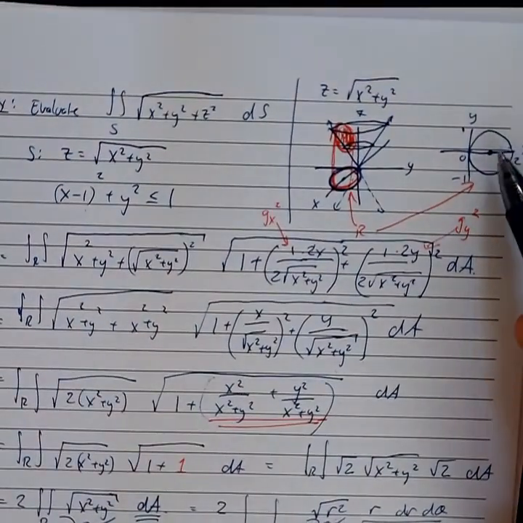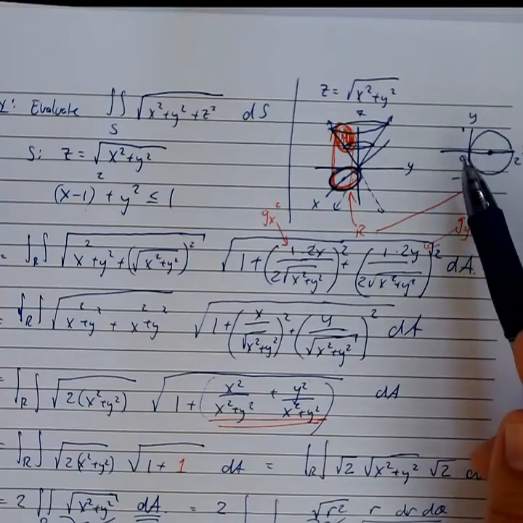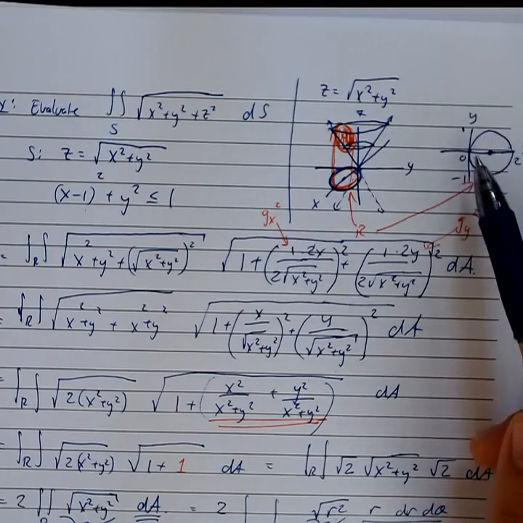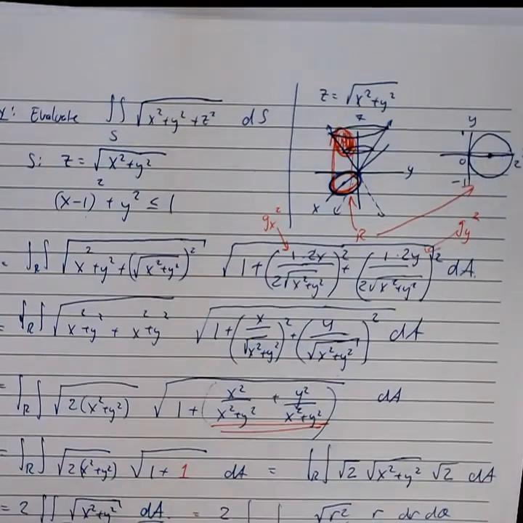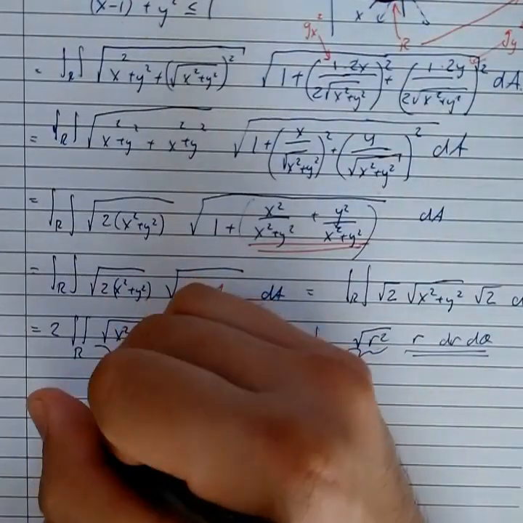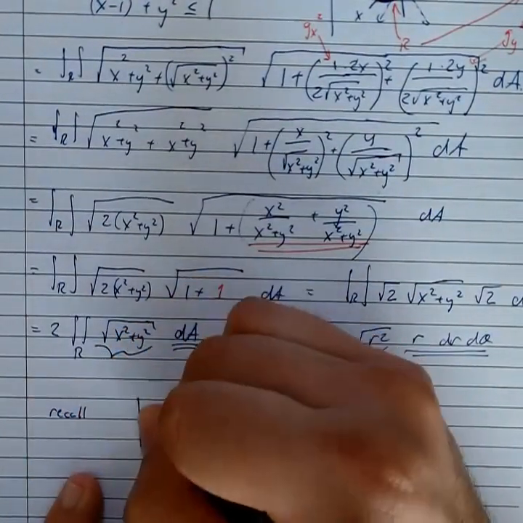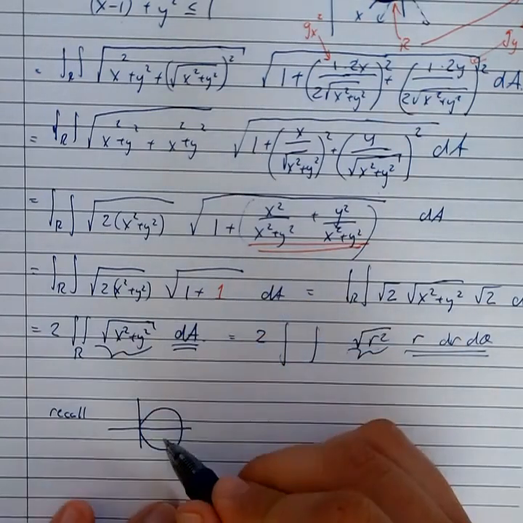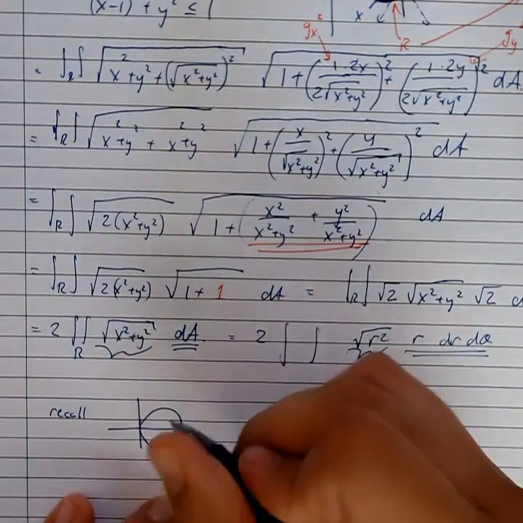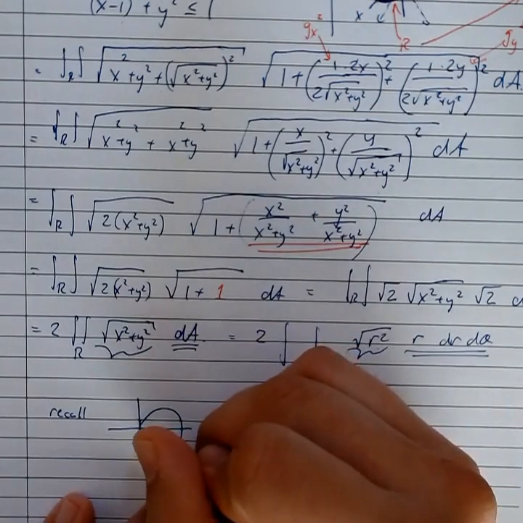Notice our object is a circle, but it's not centered at the origin, so we can't just say r is equal to 1. But whenever you have a circle that is centered somewhere on the x-axis, let's go ahead and recall the equation. Whenever you have a circle centered somewhere on the x-axis aside from the origin, you measure the diameter all the way across.